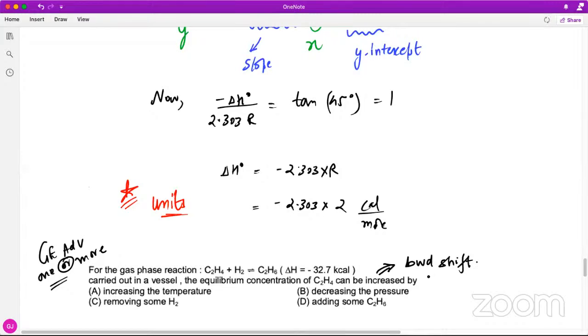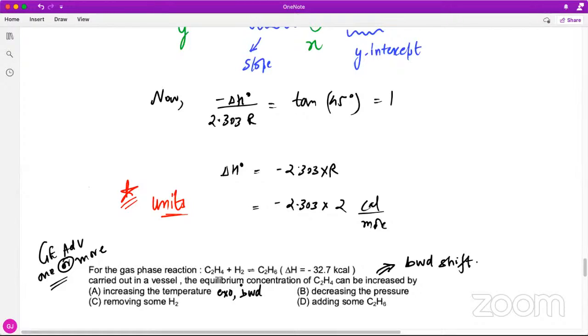ठीक है. So what will lead to that? एक एक करके यहाँ पे जज करना शुरू करते हैं. तो सबसे पहले बात करा जा रहा है increasing temperature. Now because this is exothermic, तो टेम्परेचर बढ़ाने से क्या हो जाएगा? K बढ़ जाएगा. Yes. And as a consequence equilibrium backward shift कर जाएगा.